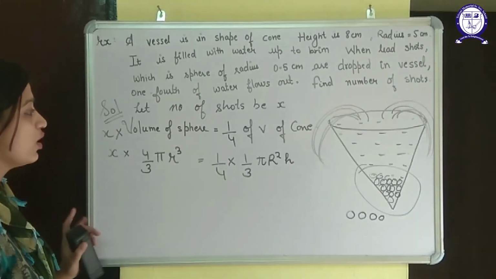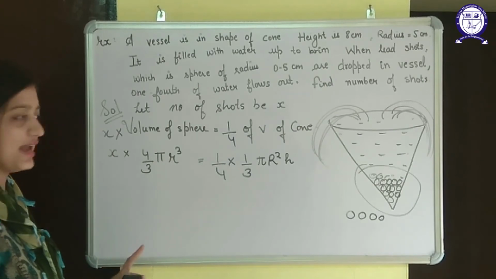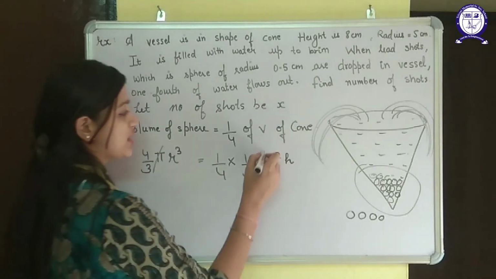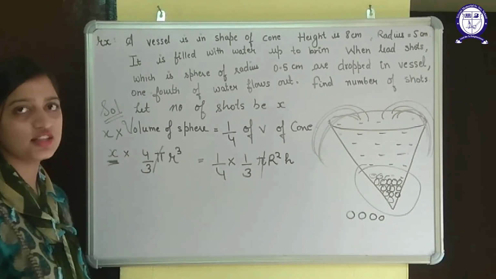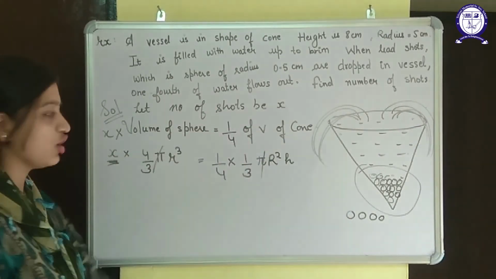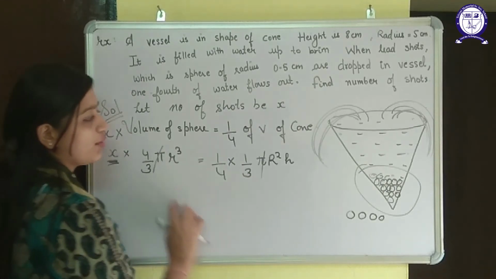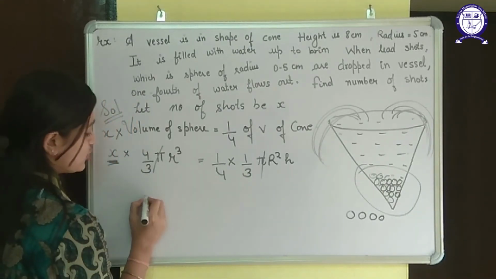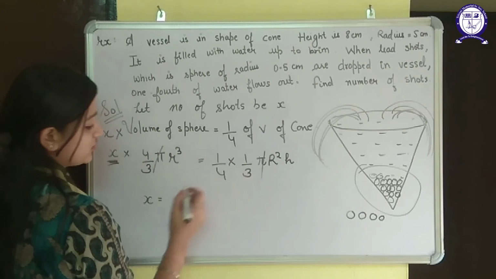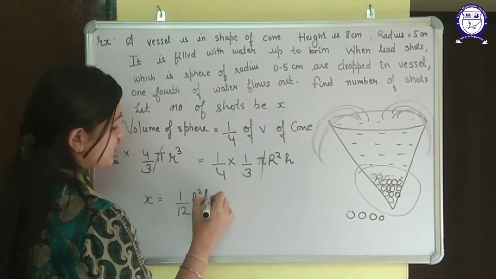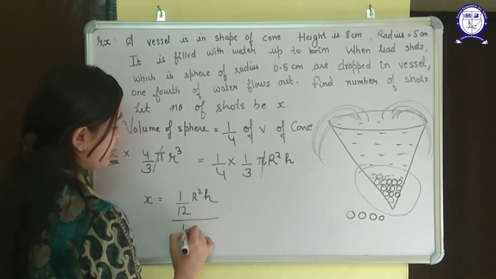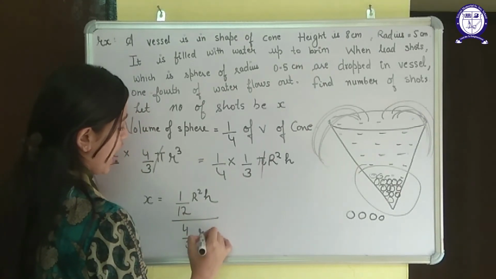Okay, now can I cancel anything? Yes. There is pi on both the sides, so I can remove pi. I need to find the value of x in this question, that is the number of shots. So I can take everything from here to the other side. So x will be 1/12 r square h divided by 4/3 r cube.